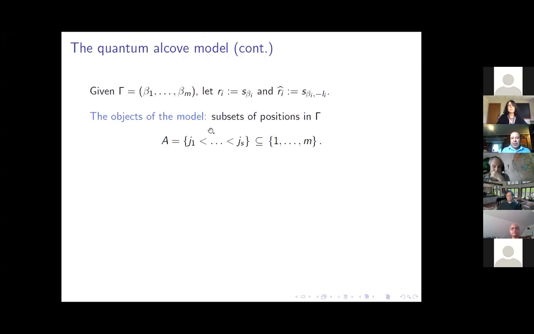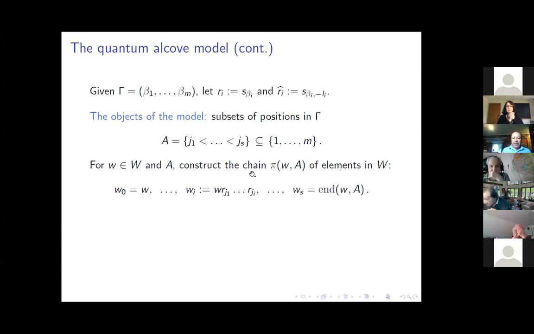Now the objects of the model are subsets of positions in this lambda chain gamma, positions from 1 through m, which I denote J1 through Js. So this is just a subset of 1 through m, and we need a certain condition.